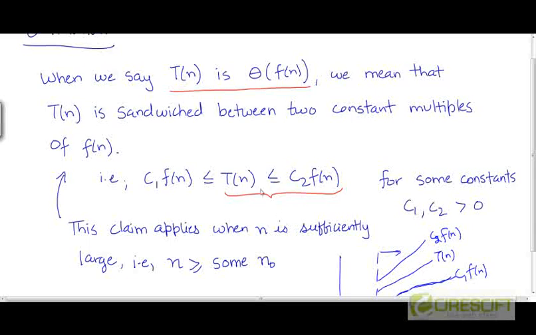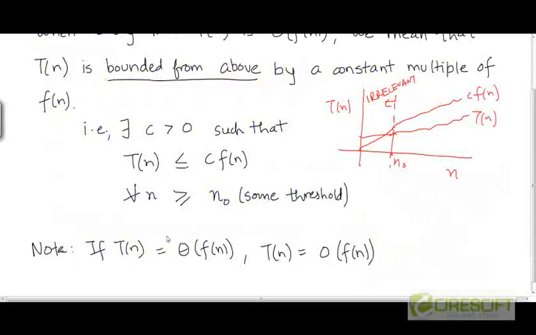The definition of big O says that there exists some constant such that beyond some threshold value of n, T of n will always be upper bounded by that constant multiple of f of n, and that constant is simply C2. So saying that T of n is theta of f of n implies that T of n is equal to big O of f of n.